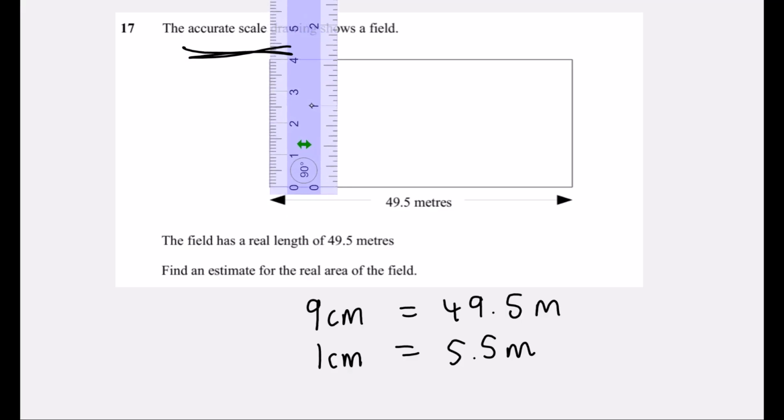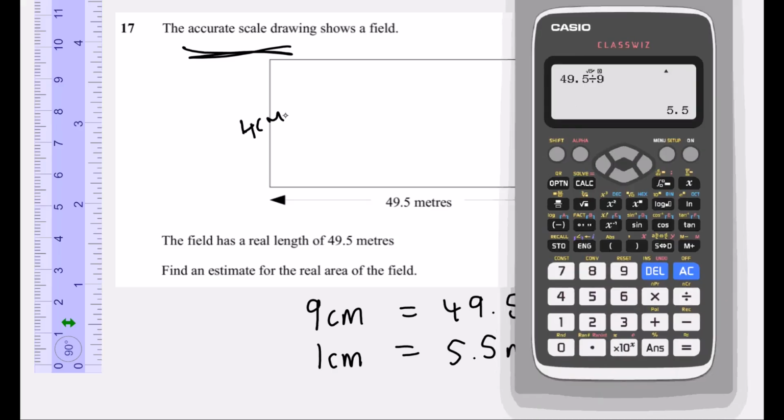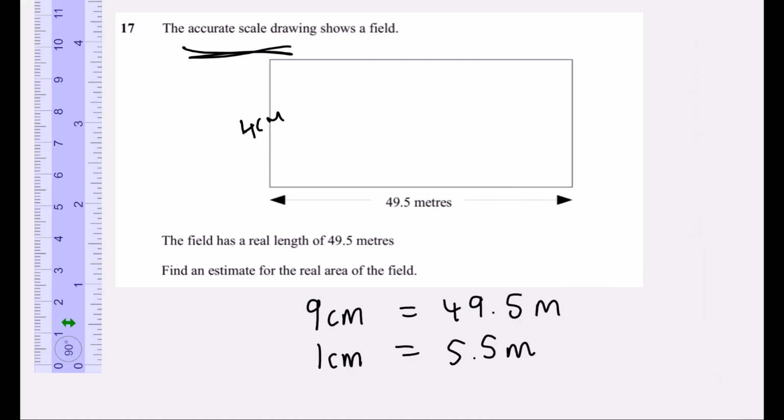So that means we can find the width. It's 4 centimeters on the drawing. So in real life, 4 times 5.5, that's 22 meters.